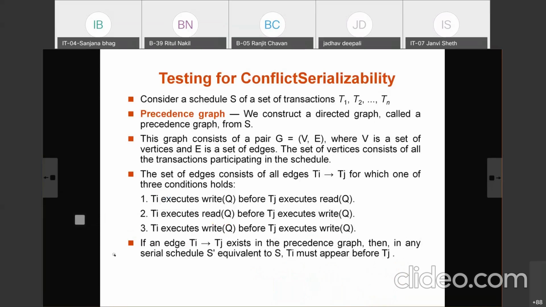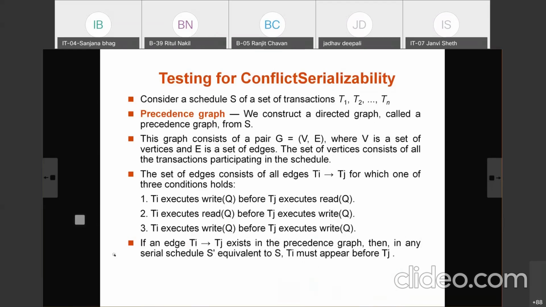In the first schedule there are 2 vertices when we draw the precedence graph, T1 and T2. In this case, all the instructions of T1 execute before all the instructions of T2, and that's why there is an edge from T1 to T2.